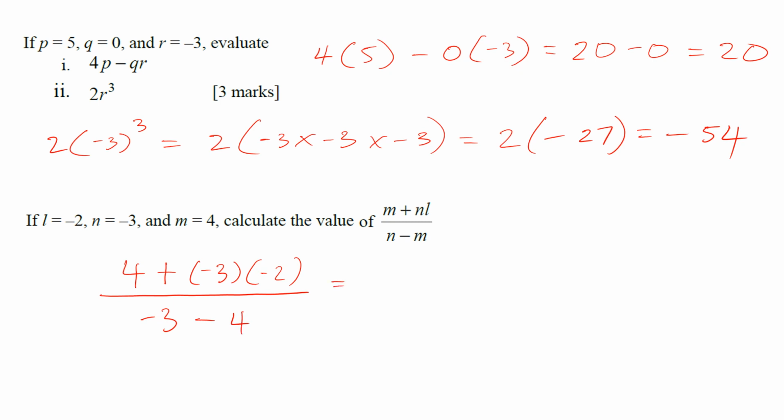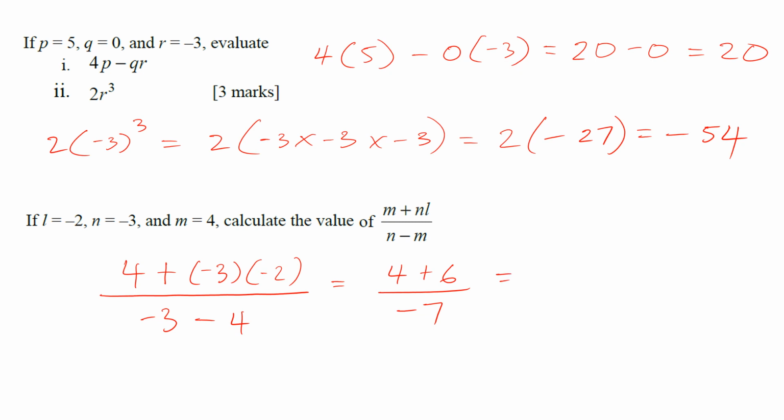Now, let's simplify the numerator, which is 4, plus, and then we multiply negative 3 times negative 2, that will give us 6, and then we put that all over negative 3 minus 4, which is negative 7.